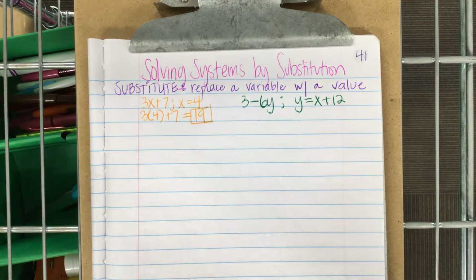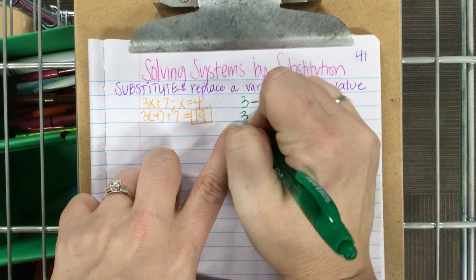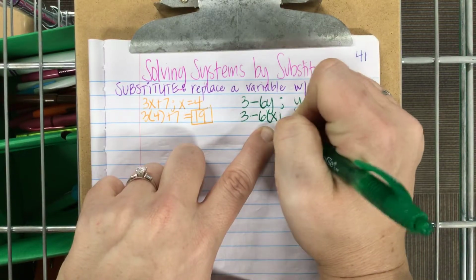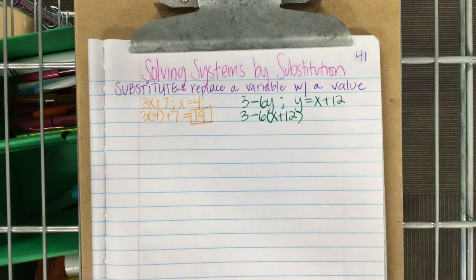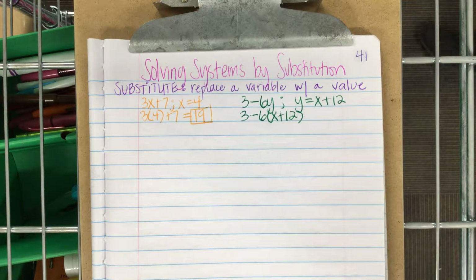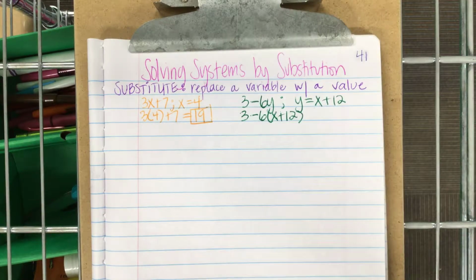Whatever's on the left side of an equal sign is the exact same value as the right side. That's what an equal sign means. So I can rewrite it 3 minus 6, and then instead of y, put x plus 12. Because they are the same. In this problem, y and x plus 12 are equivalent. I can replace one with the other.